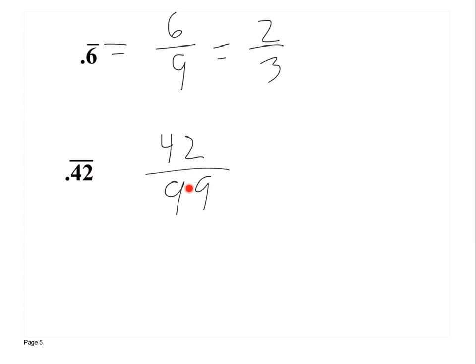There's 1, 2, so how many 9s do I need? 2. Easy enough. If I put 42 over 99 in a calculator, I'm going to get 0.42, 42, 42, 42. This is the easiest way, just knowing it's over 9 or over 99. That's as simple as it gets.